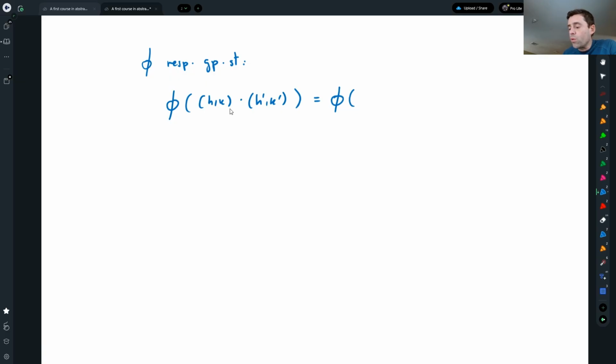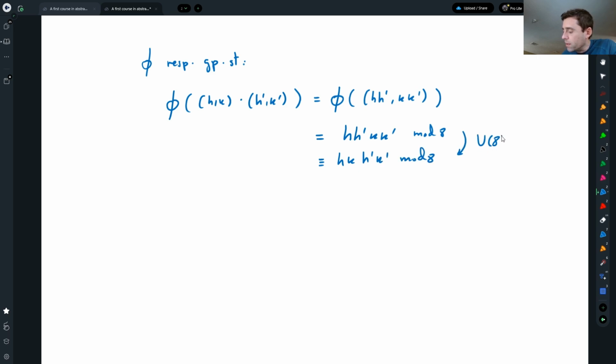I know how multiplication works in a direct product, it will be component-wise, so phi of (hh', kk'), and I know how phi was defined: the product of the h part times the k part, so this is hh'kk'. This is actually a number modulo 8, but now the multiplication in the units modulo 8 is abelian, so this is hkh'k' modulo 8, and here I'm using that U8 is abelian.